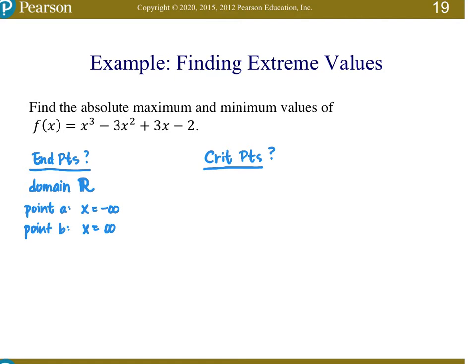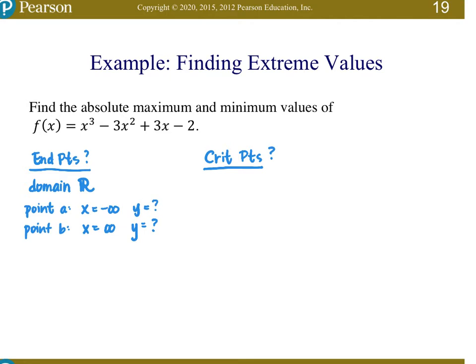This is what all real numbers means. Now, do these have y values that go with them? Well, if I plug negative infinity into this equation, is that possible to do? If I plug positive infinity into this equation, is that possible to do? So we're going to think about that and come back to it for its y values.